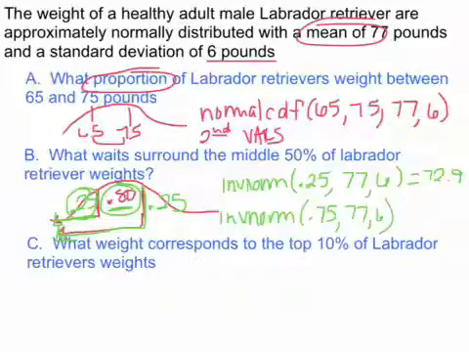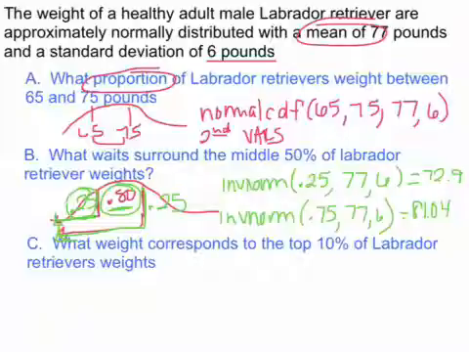Second VARS, option number 3, 0.75, 77, 6, and we should get 81.047, or 81.0469, excuse me. I don't have room, so you go 4 decimals.